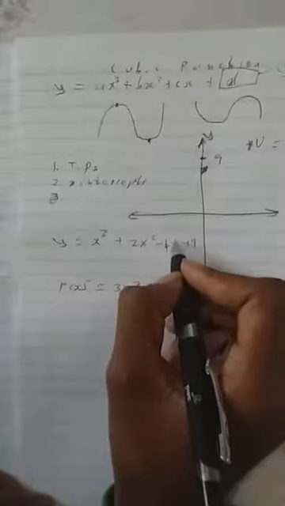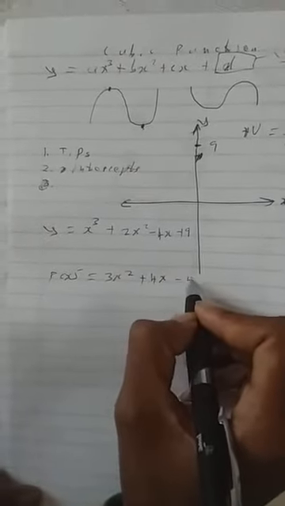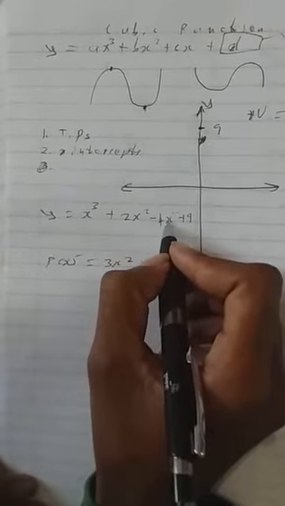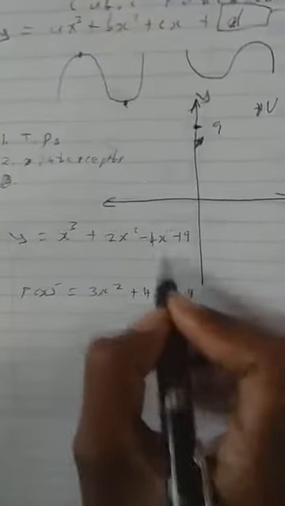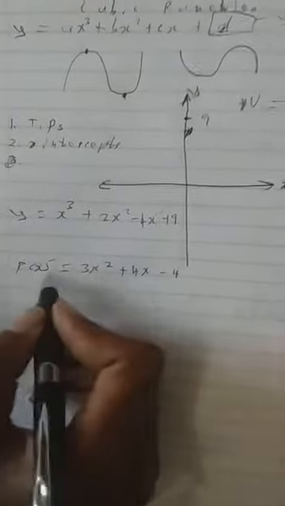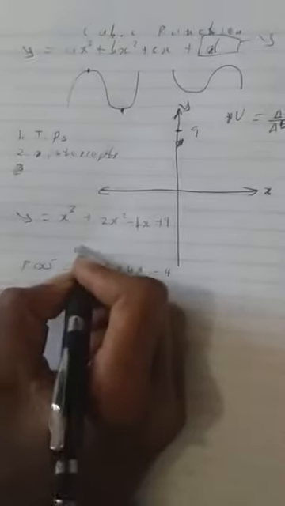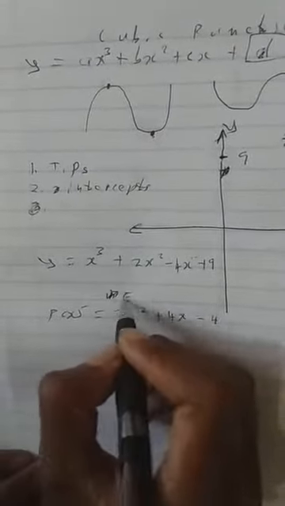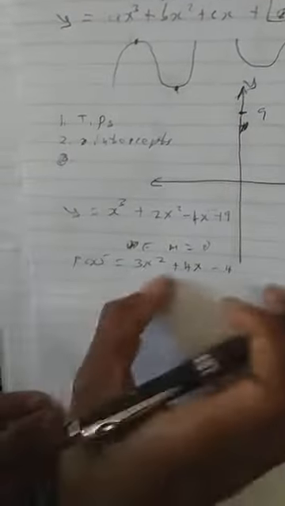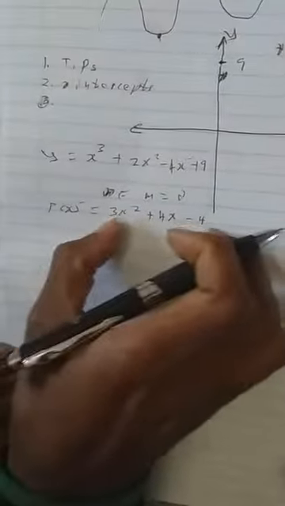And this is still minus 4: 1 minus 1 is 0, x to the power 0 is 1, 1 times 4 is 4. So we have that as our gradient. We are saying the gradient at the turning point is 0, so this has to be 0 to determine the x values at the turning points.